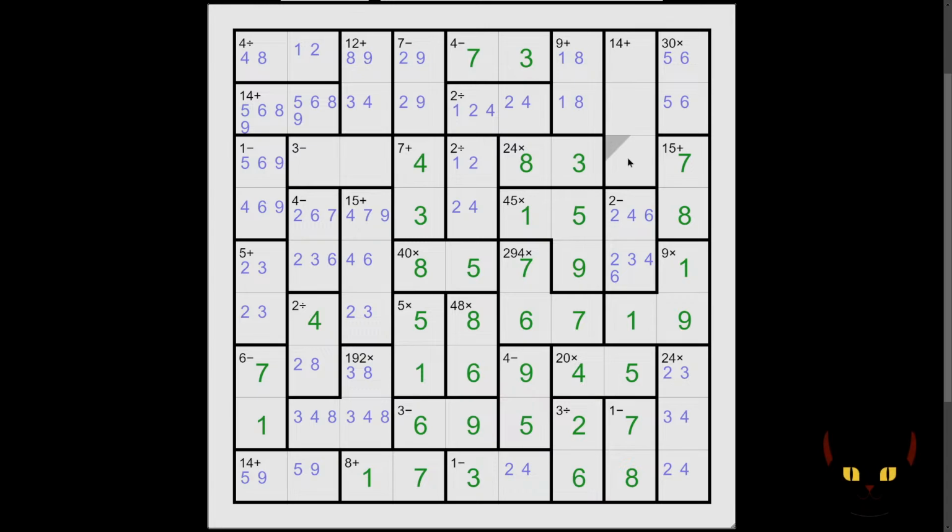Let's see what's left in 14. 2, 6. That's from column. And here we eliminate 3 and 4. Here we eliminate 3.